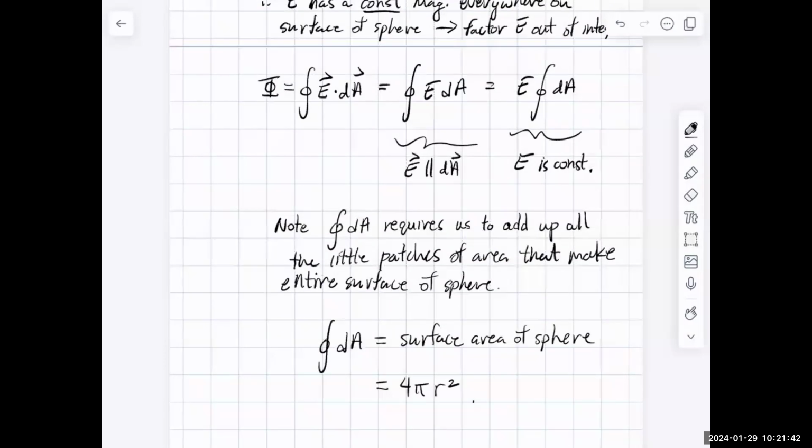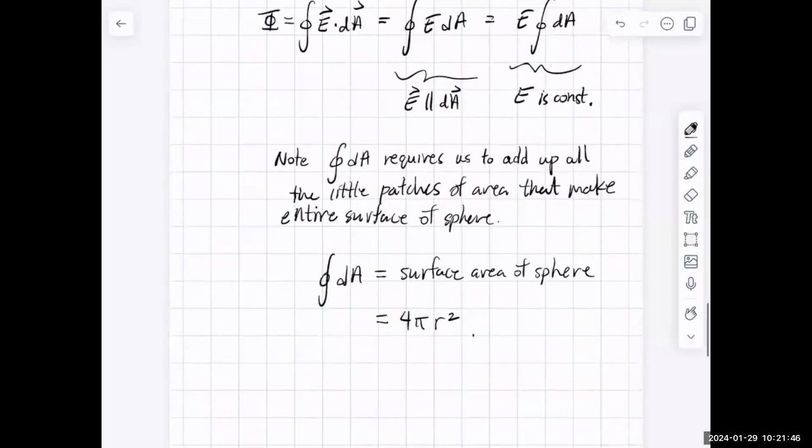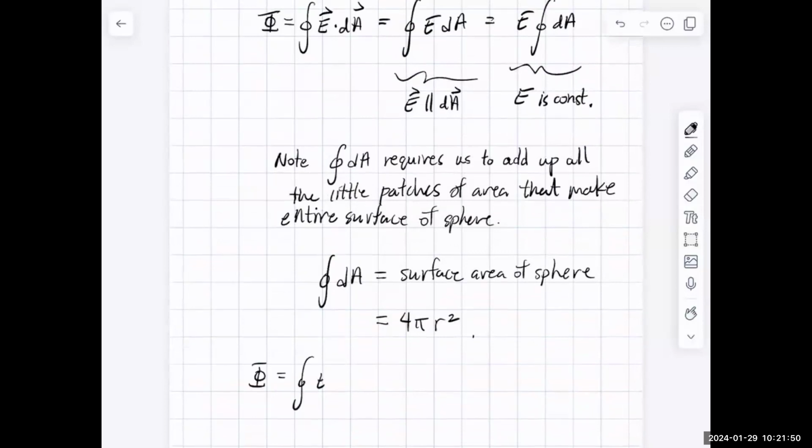Okay, so this complicated looking integral simplifies a lot. Dot product goes away, the electric field comes out, and we're left with just the integral of dA, and that's just going to be 4 pi r squared.